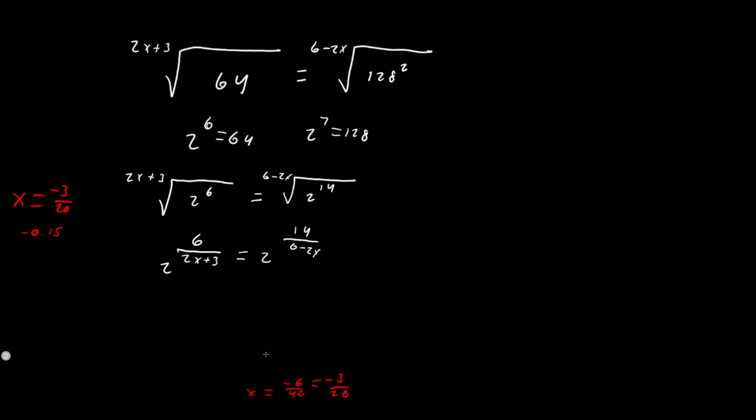We can get rid of this now since we already have it on the left. Let's plug in x. So we have 2 times negative 3 over 20, which gives us negative 3 over 10, plus 3, which is 27 over 10, and 6 divided by 27 over 10 is the same thing as 60 over 27.